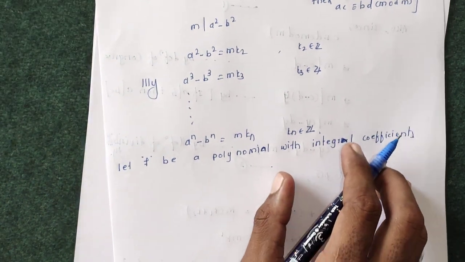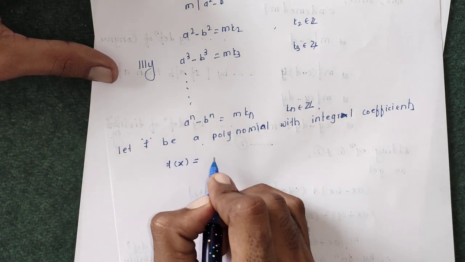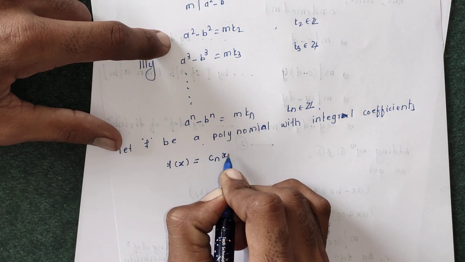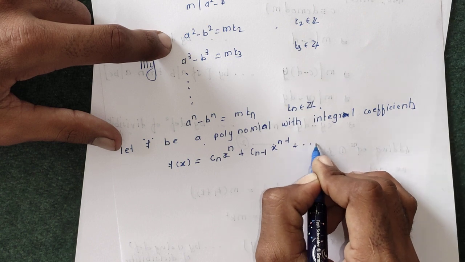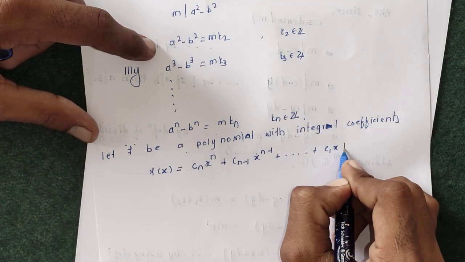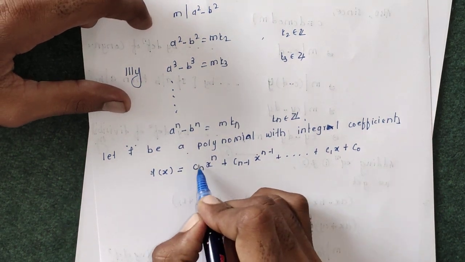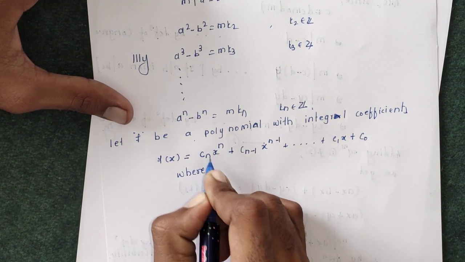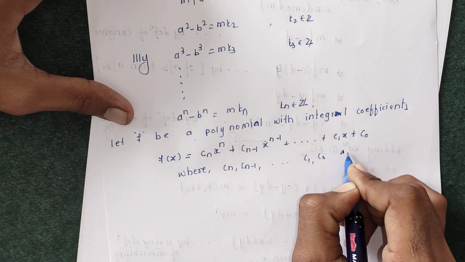Suppose that the polynomial is f of x equals cn x raised to n plus cn minus 1 x raised to n minus 1 plus up to c1 x plus c naught, where all these ci's, cn, cn minus 1, up to c1, c naught, are integers.